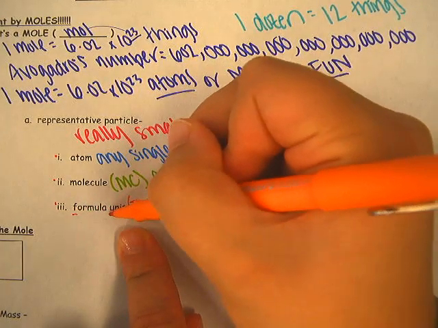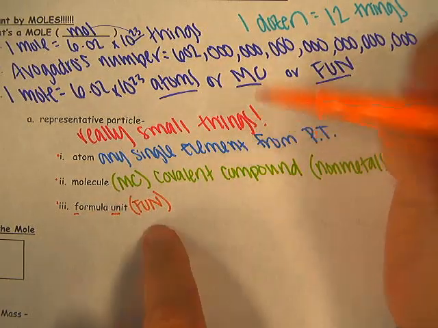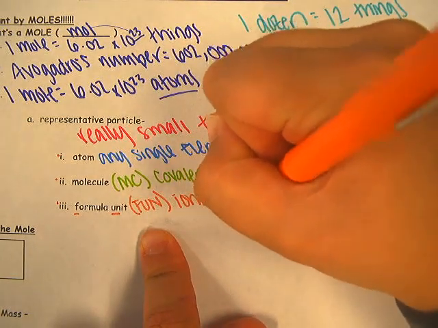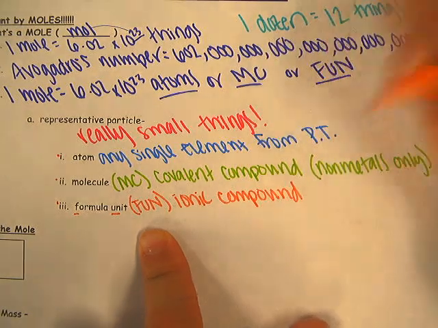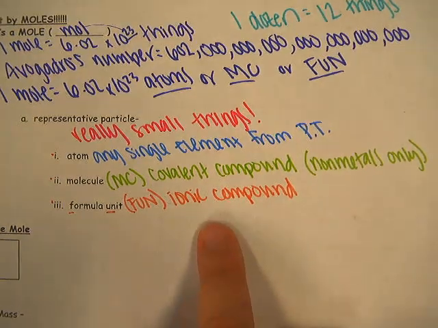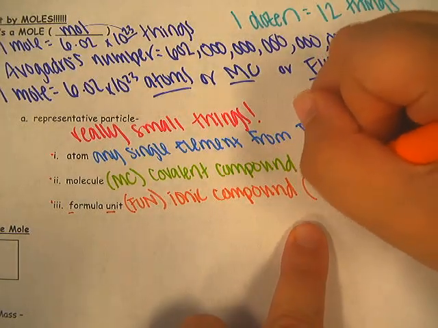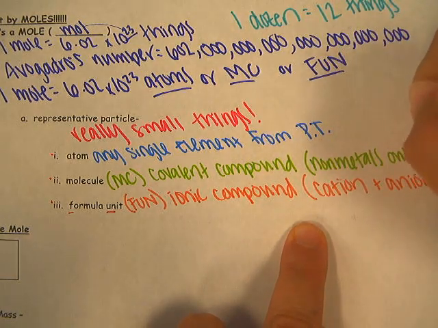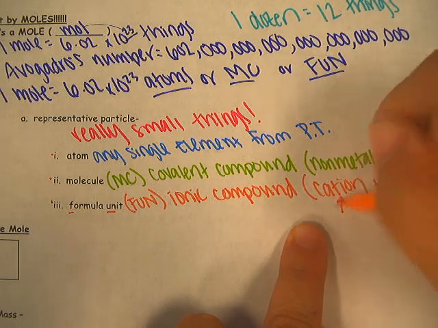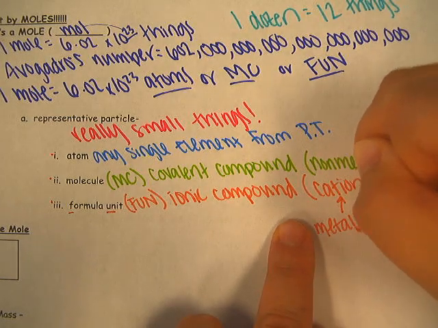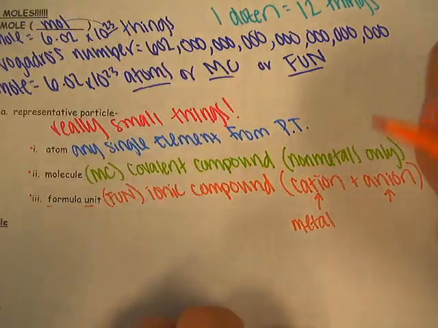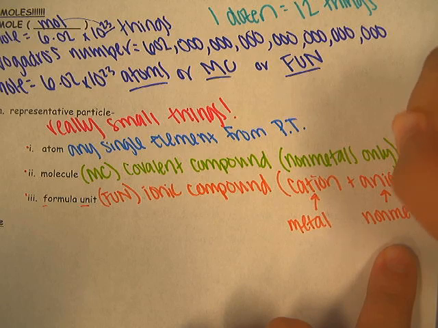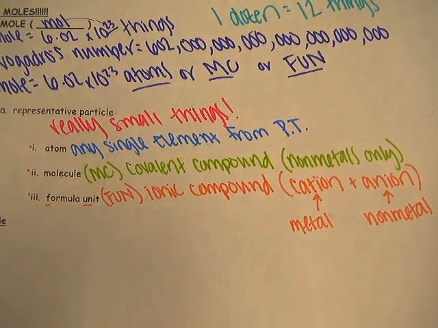A formula unit is going to be an ionic compound. And ionic compounds are made up of a cation plus an anion. Usually the cation is going to be a metal, and usually the anion is a nonmetal. We'll learn more about that later on.